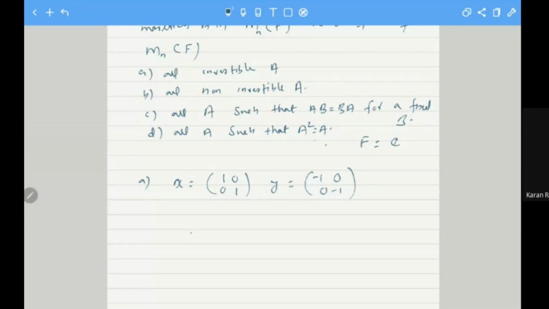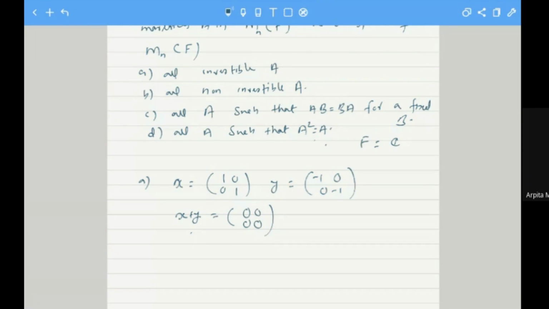X is invertible and Y is invertible. But what is X plus Y? This is just the zero matrix, right? The zero matrix does not belong to that set. So X plus Y is not invertible. X is invertible, Y is invertible, but X plus Y is not invertible. We needed X plus Y to be inside that set itself. Then only we say it is a subspace.